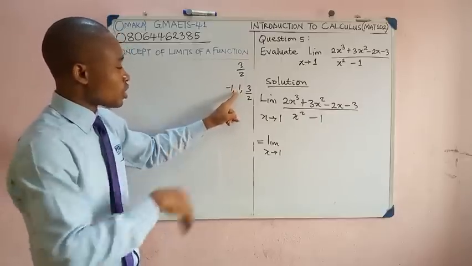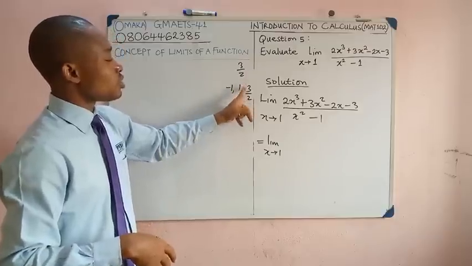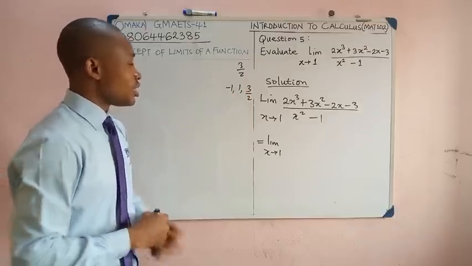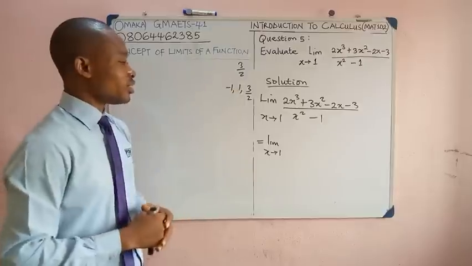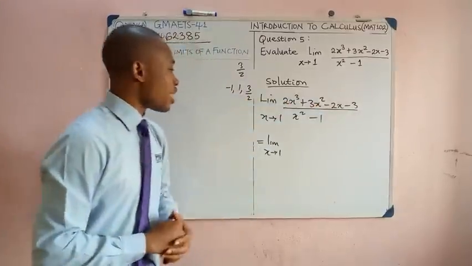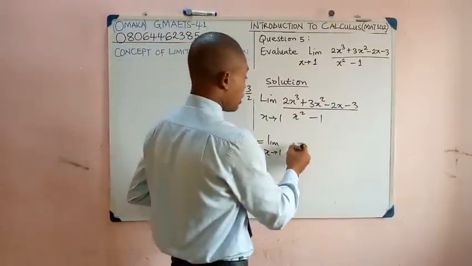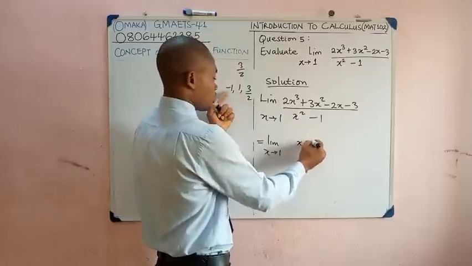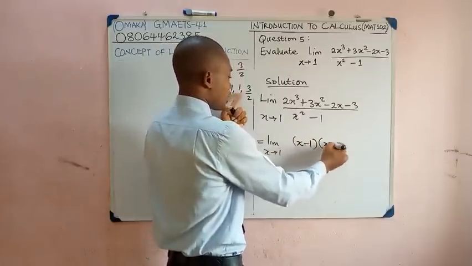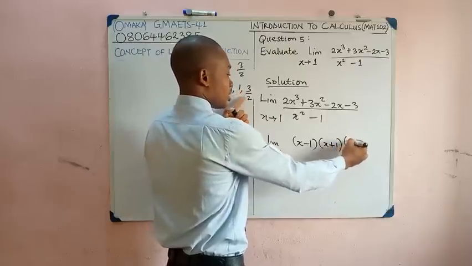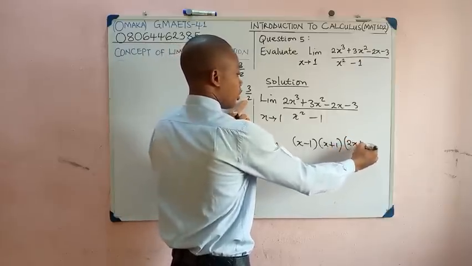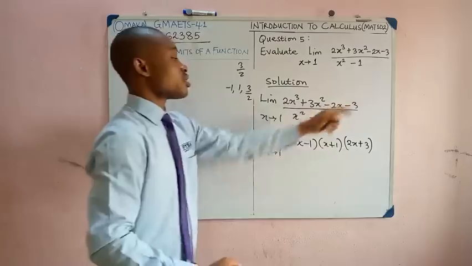Minus 2 plus 2 goes off, so you're left with 3 over 2. And of course, we've gotten the factors. The factors that will solve this problem for us are minus 1, 1, and plus 3. So we write these as x minus 1, x plus 1, and lastly 2x plus 3. So those are the factors.